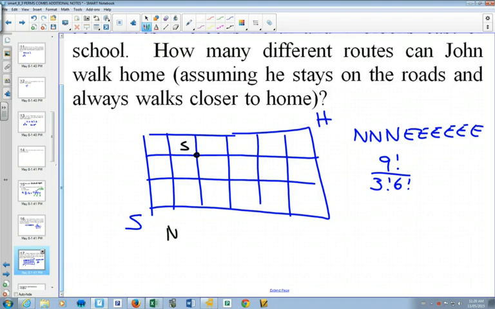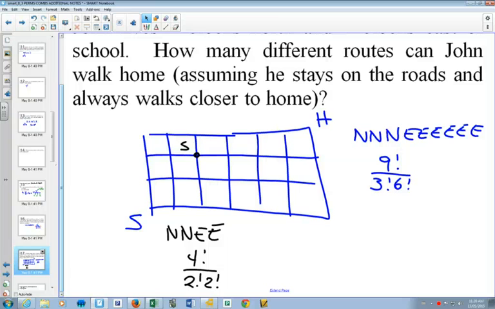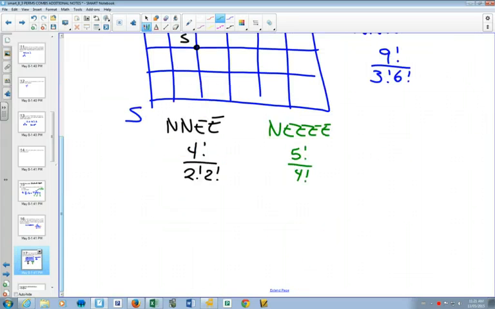That would be 2 norths and 2 easts, which is 4 factorial over 2 factorial, 2 factorial. After he walks to Sally's house, he has to go home from there, which is north once and east 4 times. That would be 5 factorial over 4 factorial.